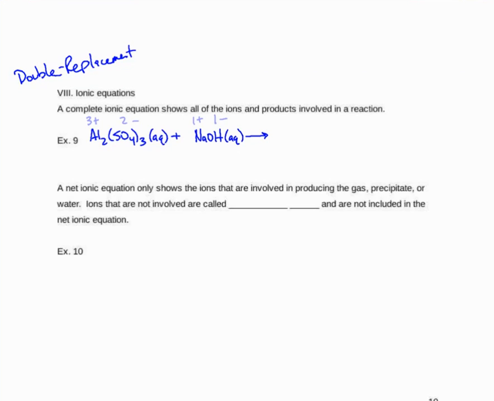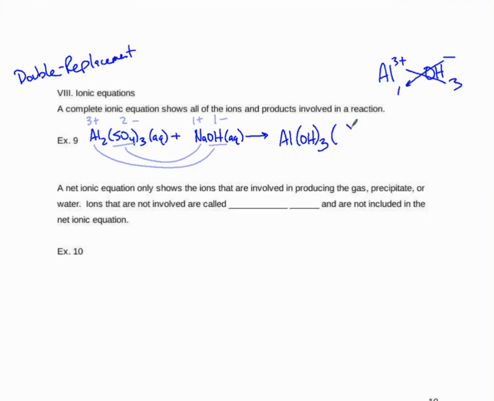Here's what's going to happen. The aluminum is going to react with this hydroxide, and the sodium is going to react with this sulfate. And so we're going to come up with 2 products here. One of them is between aluminum and hydroxide, and I'm going to switch the charges. Al(OH)3.